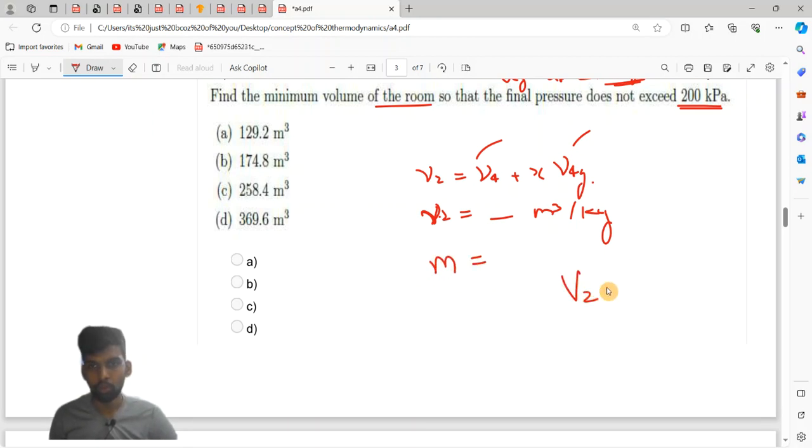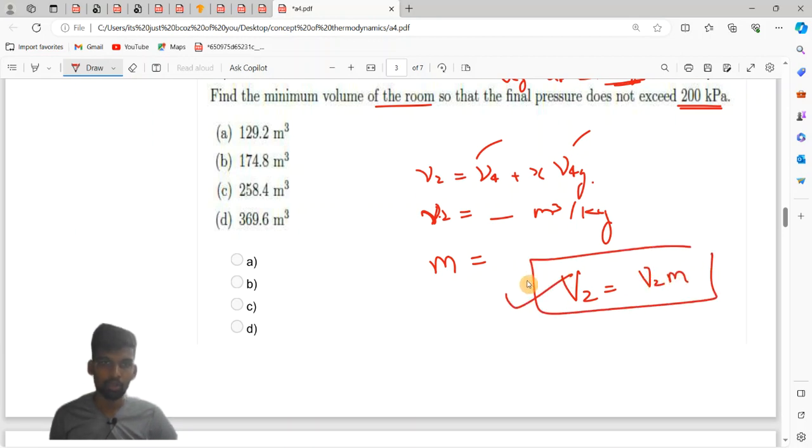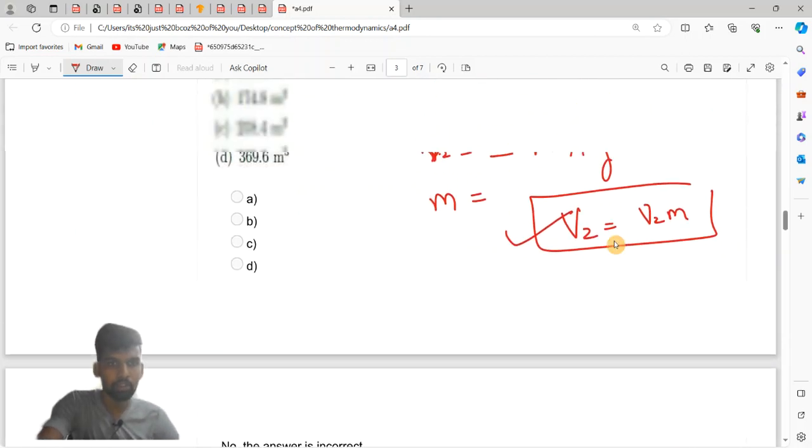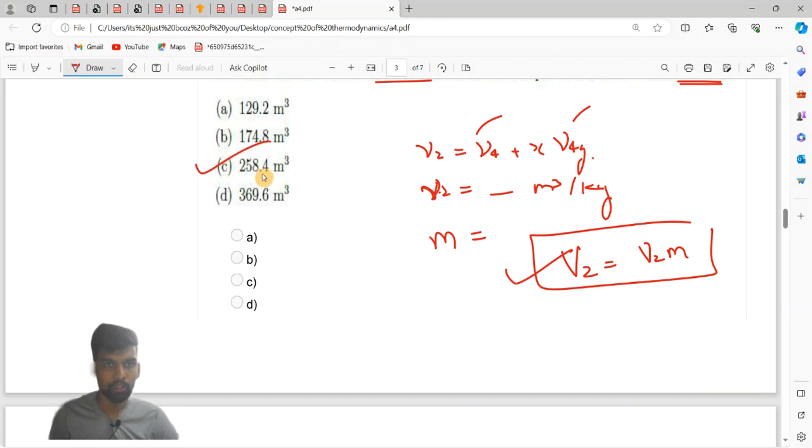We know that volume at state 2 is nothing but specific volume times mass. So from this equation we will get the answer. So after solving you will get C as the correct answer. You just need to follow these steps that I have mentioned.